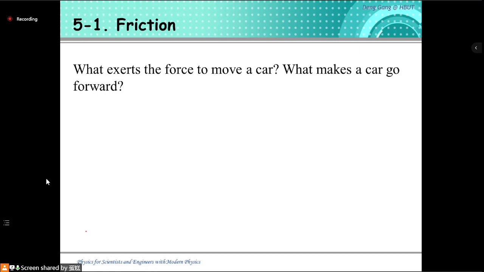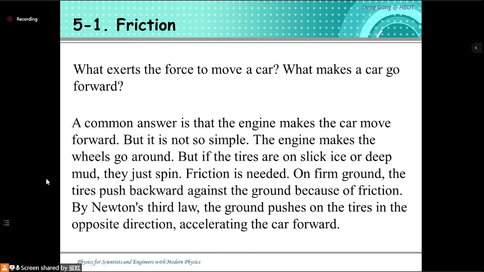But actually it is not. The common answer may be the engine makes the car move forward, but it's not so simple. The engine makes the wheel go around, but it does not make the car go forward.